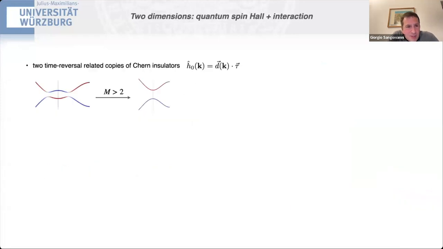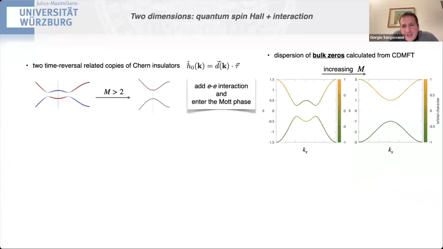In 2 dimensions, we can do the same, and in classical DMFT, we can see the inversion of the bulk zeros by changing M, as shown in this picture, and classify again our topological Mott insulators via H0 tilde or via the Green's functions, just integrating them brute force.